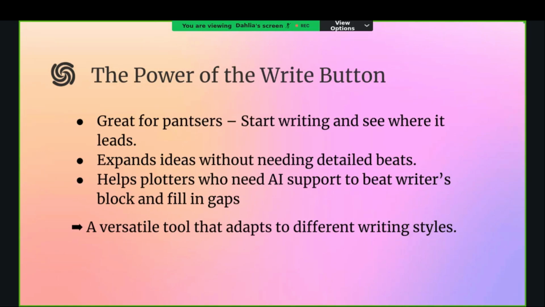And it's especially useful for plotters who want just a little AI support to beat writer's block or to fill in gaps between scenes when, for example, the Chapter Generator skipped something or they realize while they're editing that there's something missing. Overall, it's a very versatile tool that adapts to different writing styles.